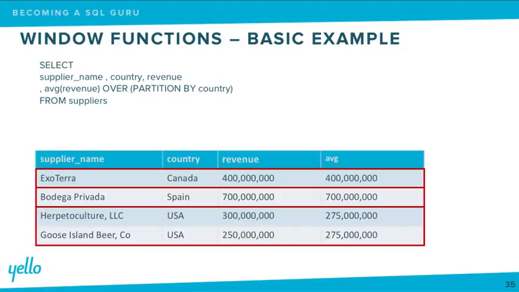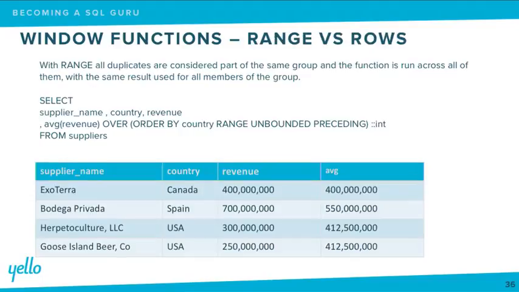But once we get to the US, where we now have 2 suppliers, we see that the average is the average of the 2 rows that had USA listed as the supplier country. Does that make sense? Okay.